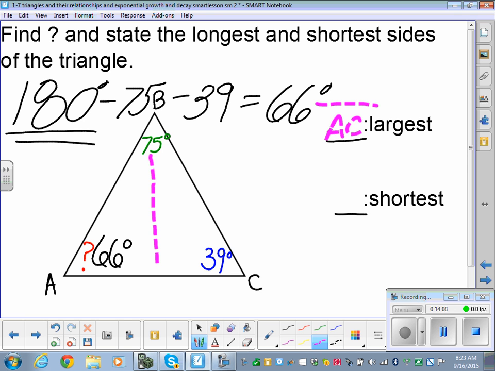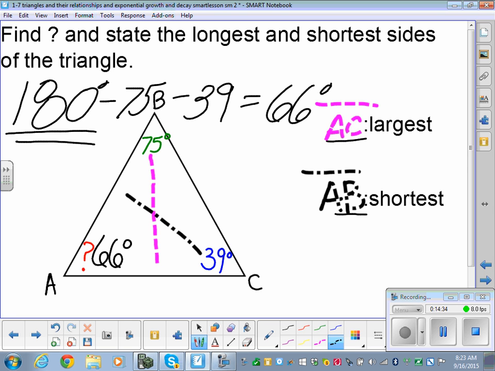Any questions? Okay. Shortest side. What's the shortest side? 39. Is it 39? Good. It's AB because it's across from 39 degrees. It might not be equal to 39. It's across from the smallest angle, though, which is 39. So you're right. AB is the shortest side.